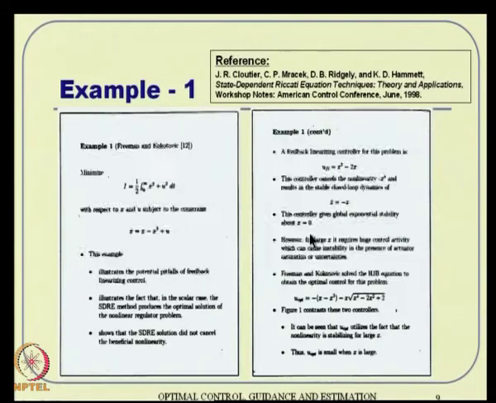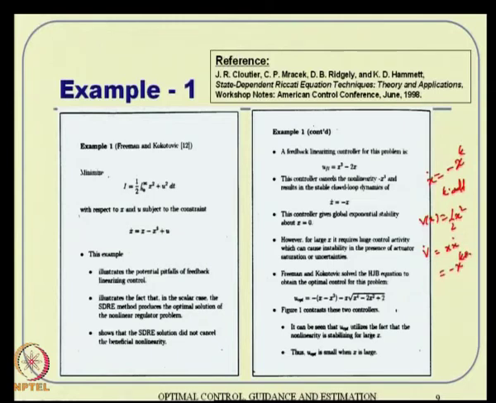Why does it happen? Because you can see this system dynamics, x dot equal to x minus x cube. So, the minus x cube is actually a stabilizing term, okay, because if you take x dot equal to minus x to the power k, and k is odd, then it can be very easily shown that you take V of x as half x square Lyapunov function, and then V dot is x times x dot, and this is nothing but minus x to the power k plus 1.